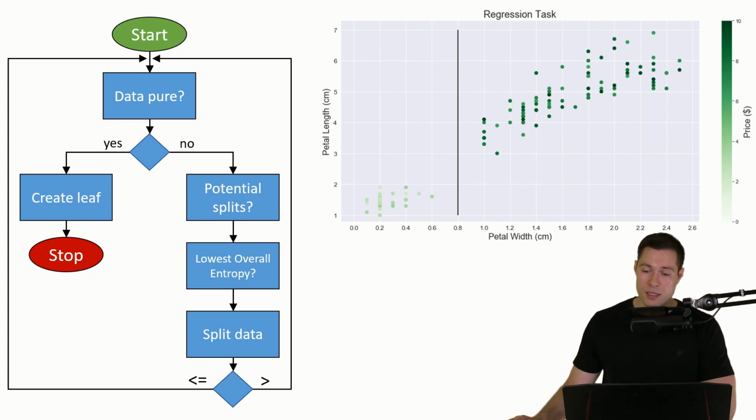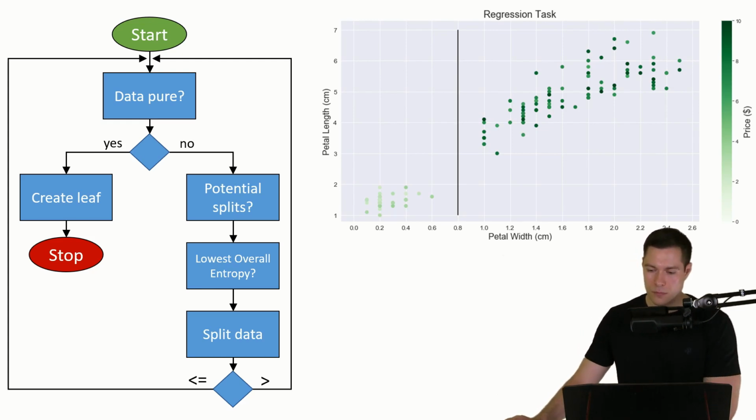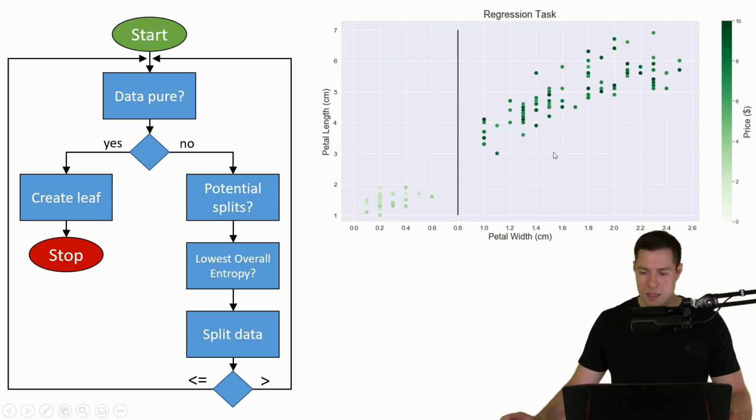So they, so to say, all belong to a different class. So we can't create a leaf by simply checking which class appears most often, because each class appears equally often. And even if there would be some flowers that happen to have the same price, that doesn't necessarily mean that they are representative for those flowers in general.